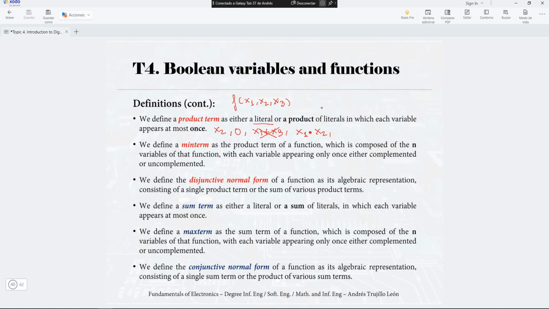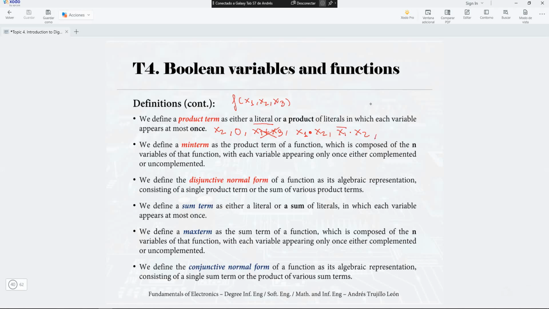Yes, because it's a product of literals, a product of variables. This is a product term too, because it's a product of literals. It doesn't matter if one of the literals is a variable that is complemented. It's the same.